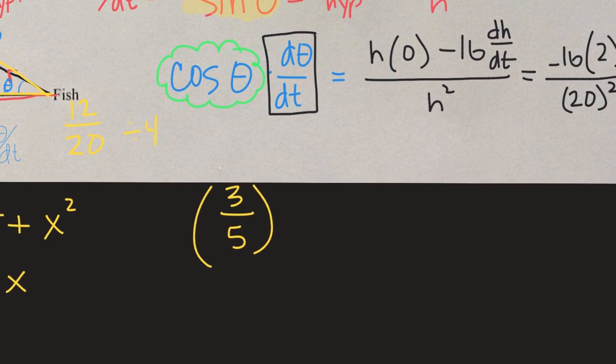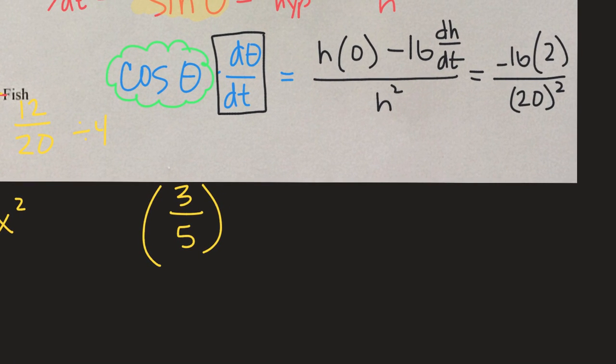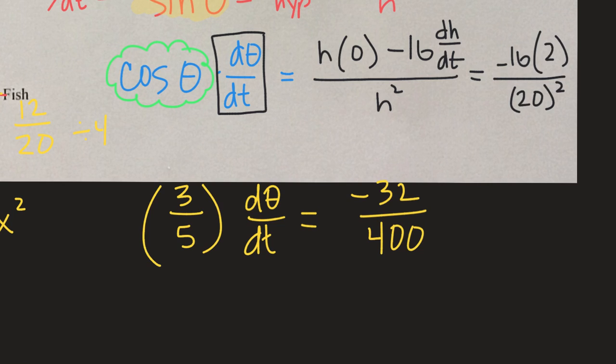Done. Now I have everything that I need in order to find d theta dt. So 3/5 times d theta dt equals negative 32 over 400. Let's multiply by 5/3, aka divide by 3/5.